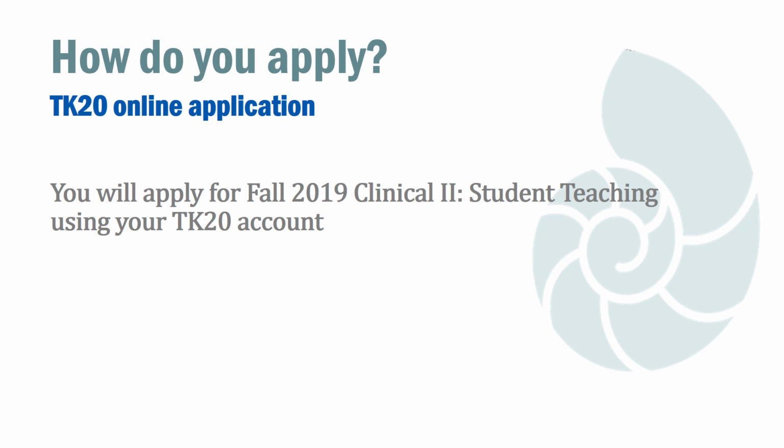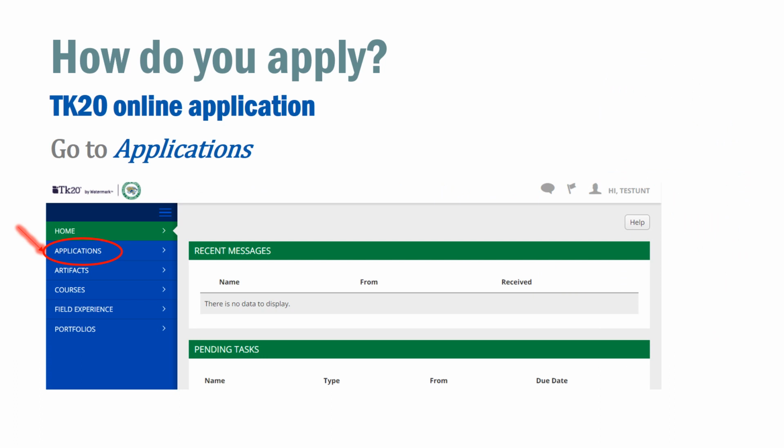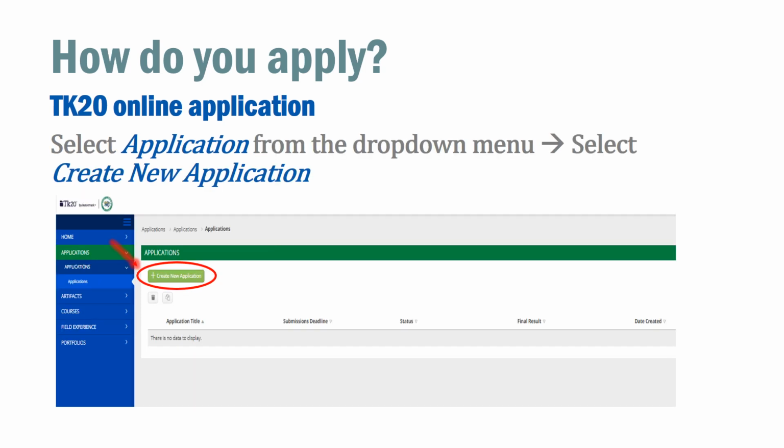How do you apply? You will apply for the Fall 2019 Clinical 2 Student Teaching Application. Once you log into your TK20 account, you can go into Applications on the left side of the tabs. Click on that. Select Application from the drop-down menu and select Create New Application.